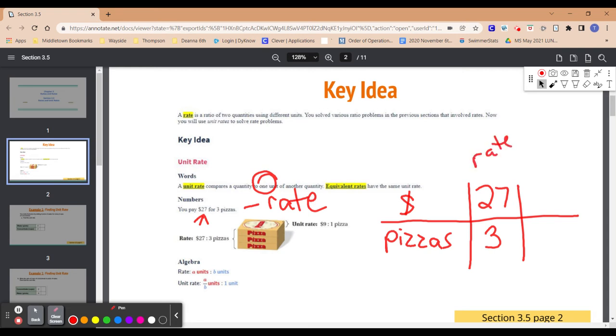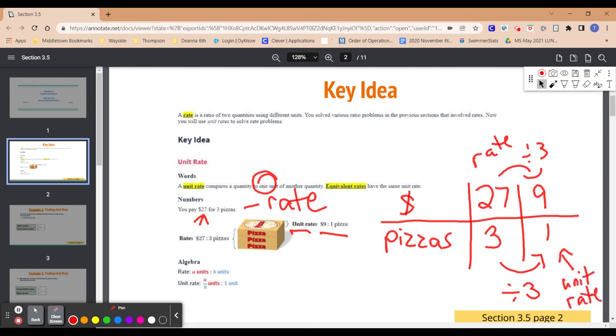All right. But then they say unit rate is $9 for every 1 pizza. So what they did was they divided by 3 to get 1. And if you divide by 3, you get 9. So $9 for 1 pizza. This is called a unit rate.